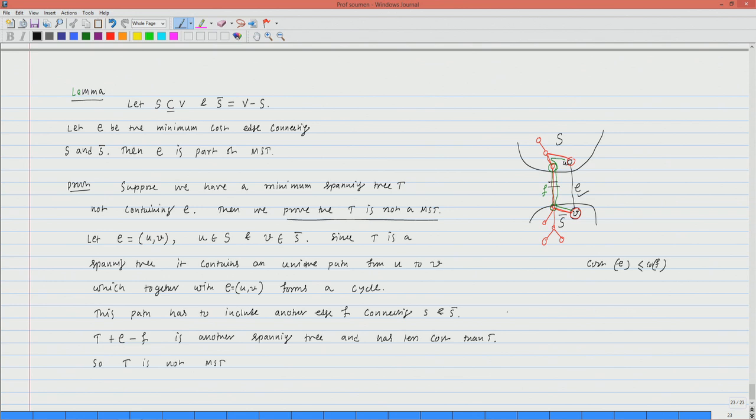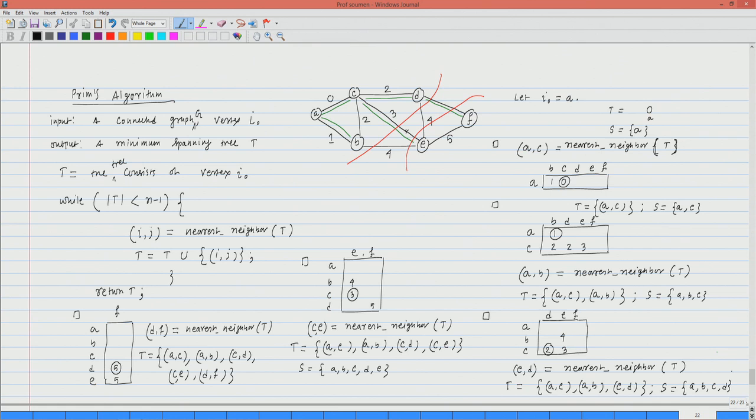Now, the significance of this is that you can see that in the previous algorithm, this algorithm gives a way of defining S. So, S is the tree edges at any stage, and S complement is of course V minus S, and what this nearest neighbor operation does is that it just identifies the minimum cost edge between S and S complement of this cut, and that edge is included in the set of tree edges.